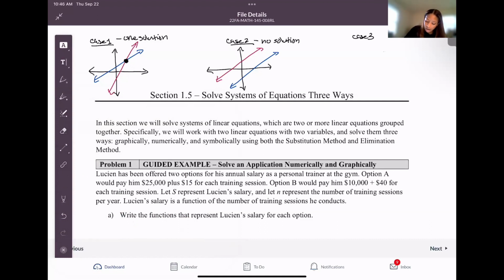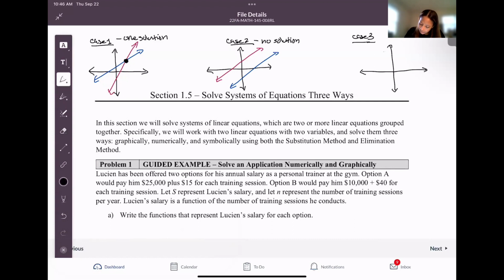All right, and then our third case, this one's a little tricky to draw. But sometimes we'll be given 2 equations, and when we write them in slope-intercept form, or when we graph them, they actually end up having the same graph.